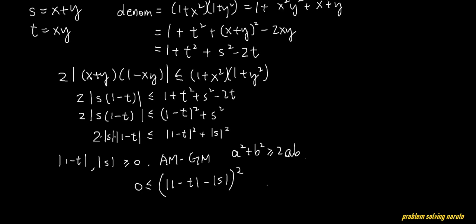Traditionally, after we solve an inequality problem, we will look at the equality conditions. When will this be equal? Well, I said traditionally. In this case, I won't dive into that part because it's quite complicated. It's not hard, it's just very complicated.